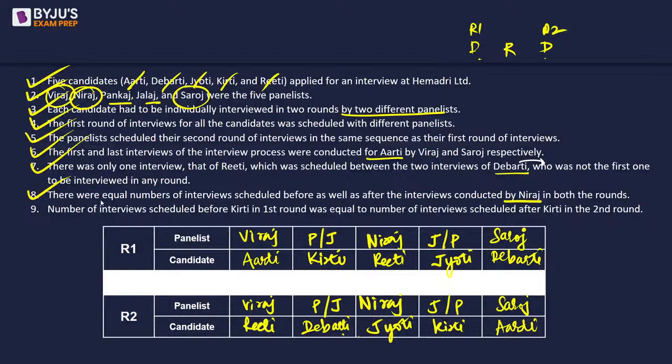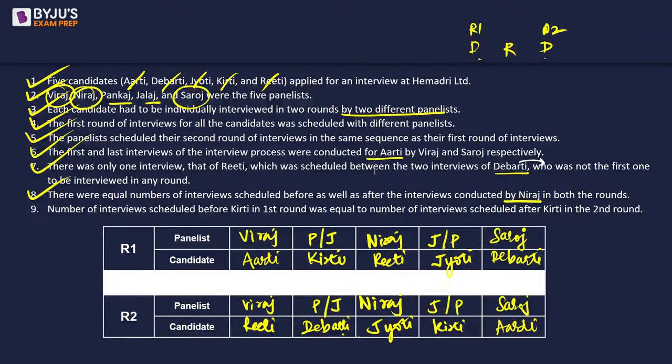Always remember 2 things. First thing being that you cannot have the same sequence of candidates, because then the sequence of panelists and candidates will be same for that person.